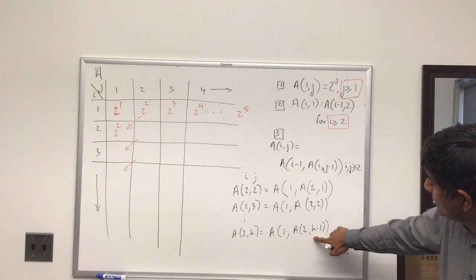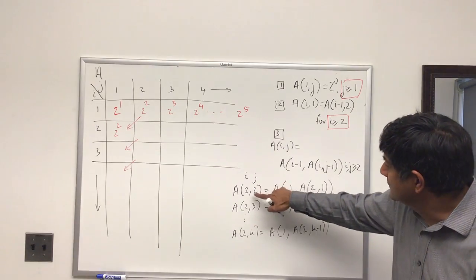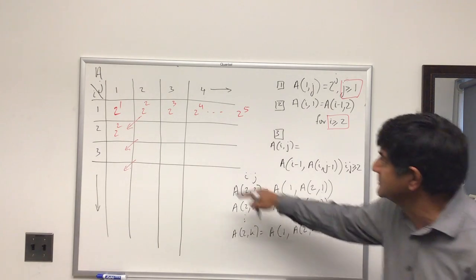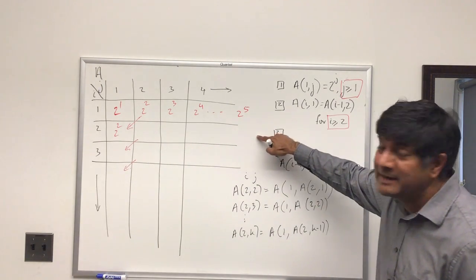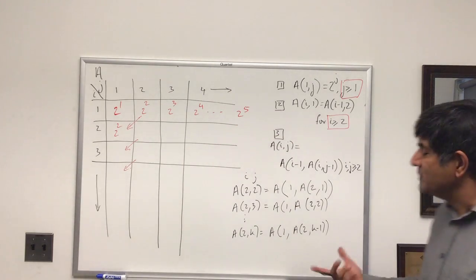Which, by the way, the A2 k minus 1 is what would appear just above this, right? Because I have 2's on the left, and then over here I'm just increasing 2, 3, 4, 5, 6 up to k because I'm planning to walk along the elements of this row. Right? Now here's the question.